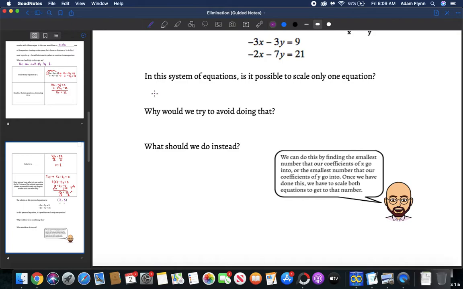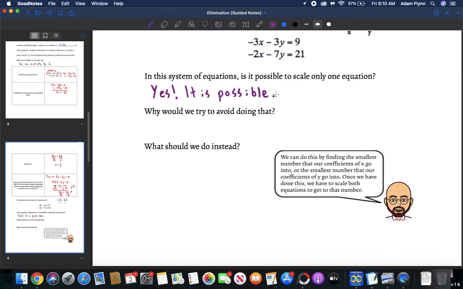In this system of equations, is it possible to scale only one equation? Despite what I just said, yes, it is possible. It is possible because there is a number that we can multiply -2 by, for example, to get to +3.